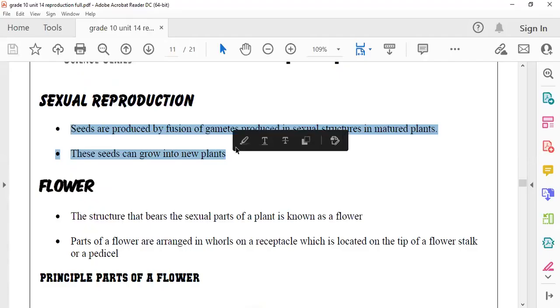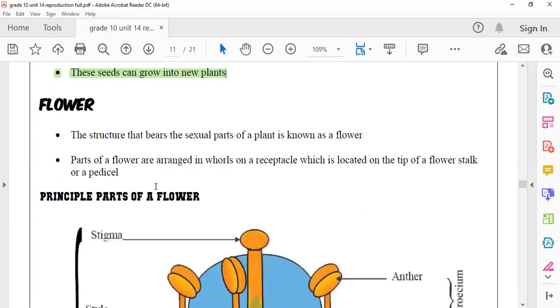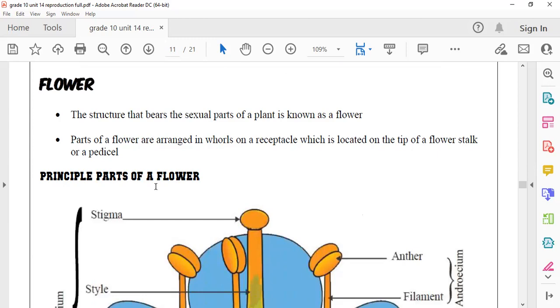There are 2 points written under sexual reproduction. After marking those 2 points, you need to mark that flow chart.